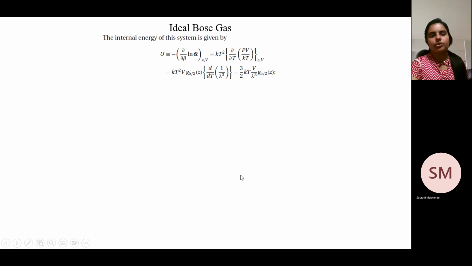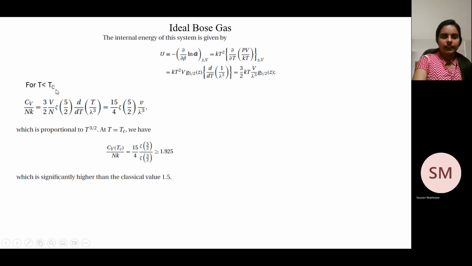Now, similarly, if you look at the expression for the internal energy, this was your expression for the internal energy we had derived from the grand canonical partition function, right? Now what will we do? So again, for T less than Tc, you can find the specific heat, okay?